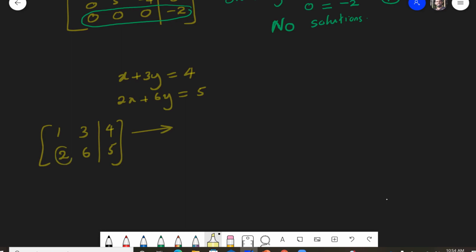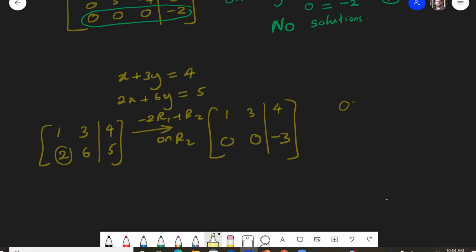In order to get rid of this guy, I'm going to do negative 2 times r1 plus r2 on r2. Let's keep our first row as it is, and then negative 2 into 1, negative 2 plus 2, 0, negative 2 into 3, negative 6 plus 6, 0, negative 2 into 4, negative 8 plus 5, negative 3.